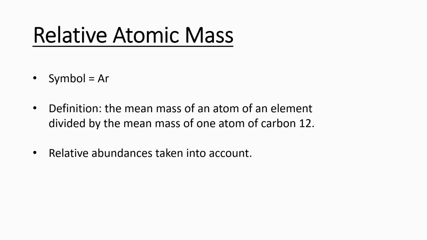And that's how relative atomic masses can be determined by comparing the masses of a certain quantity of an element, comparing that to the same quantity of carbon-12. The relative abundances are taken into account when calculating relative atomic mass. I'm going to come back to this point when I look at an actual mass spectrum.